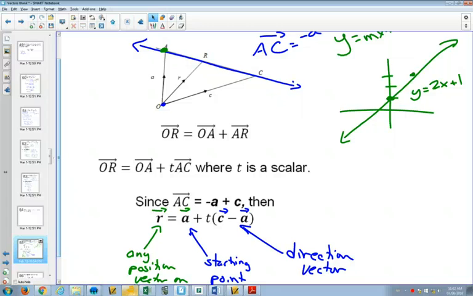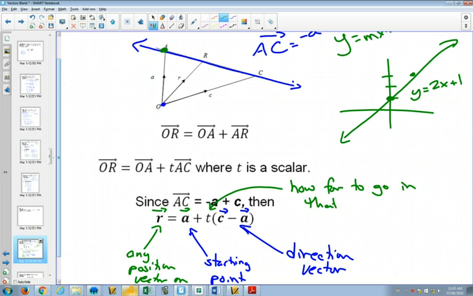And then finally, we have a parameter t here, which tells you how far to go in that direction. And since t can be any number, you will get all the position vectors, and in the end, that would make the equation of that line.